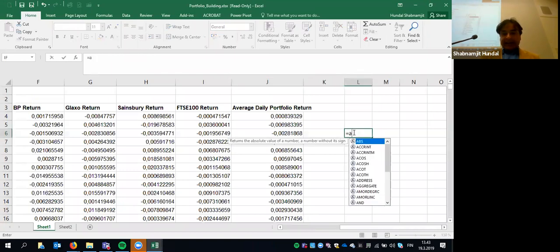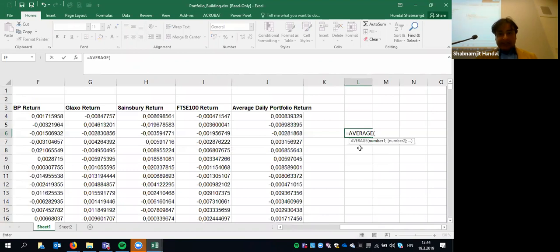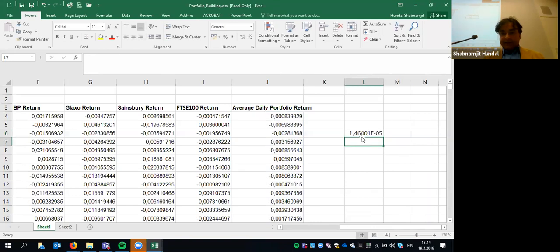Okay, so if I type in average, there is average, and I take J4, I can drag it down, but I can also, if I know how many values I have, J501, I don't have to put the bracket, it's fine.